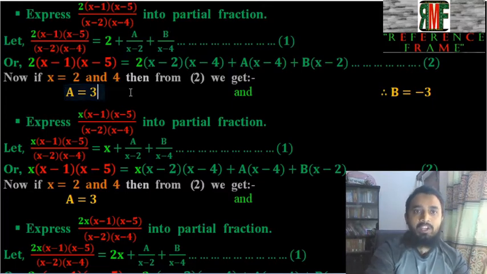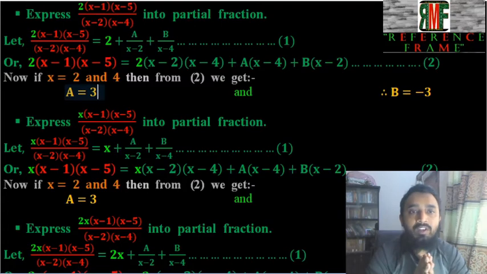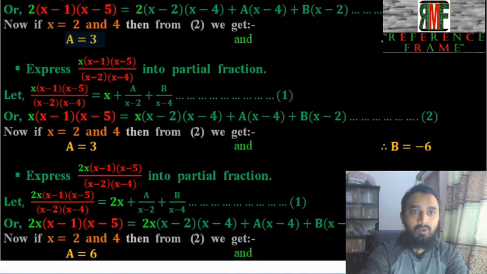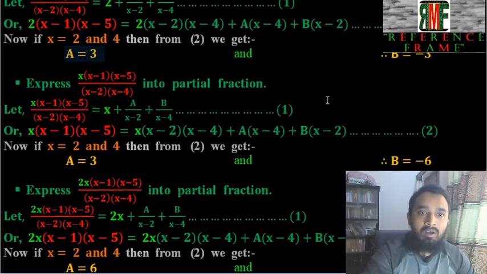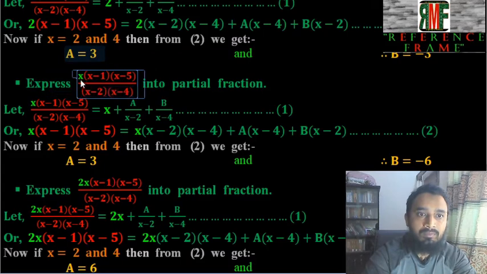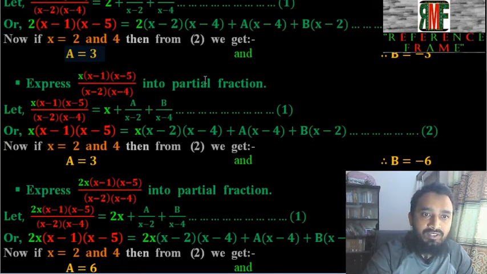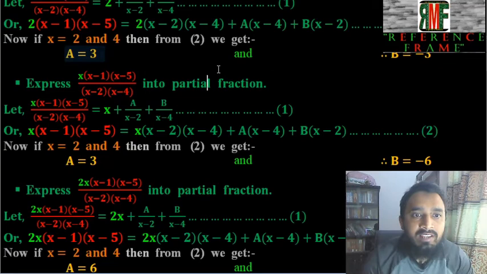Okay, now moving to the next part. If the coefficient is not numeric, if the coefficient is x itself, that means the variable itself, what is going to happen then? So let's move to this problem that I marked. Look here, in this case we have coefficient x. So we have x into x minus 1 into x minus 5 divided by the same denominator.